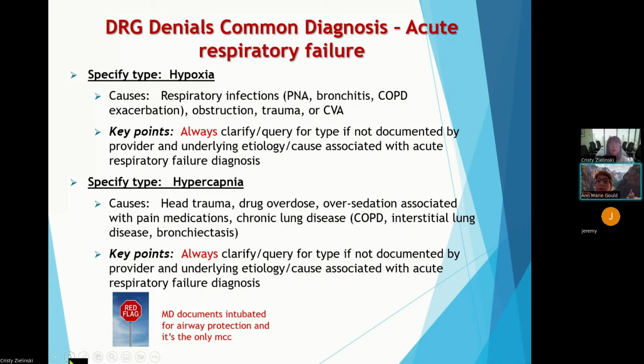Well, guess what? It put him into a respiratory arrest, and he ended up being intubated and sent to ICU on the mechanical vent for a day. So you definitely want to keep an eye on all that, but also make sure that your diagnosis and all your clinical evidence in the record supports that acute respiratory failure diagnosis.